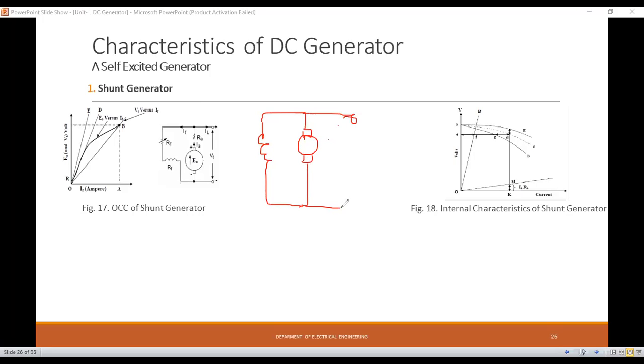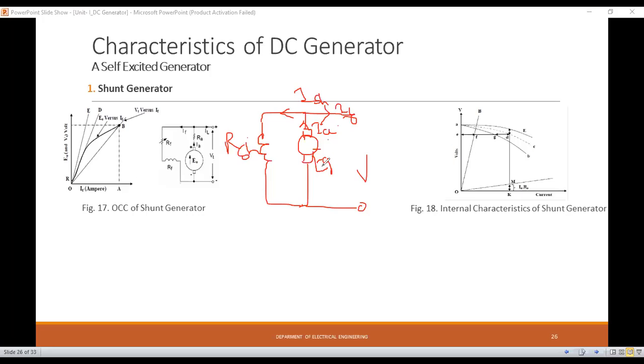Here is the terminal voltage V, here is E, this is the shunt field resistance RSH, this one is the load current IL, this one is the armature current IA, and this one is the shunt field current ISH.